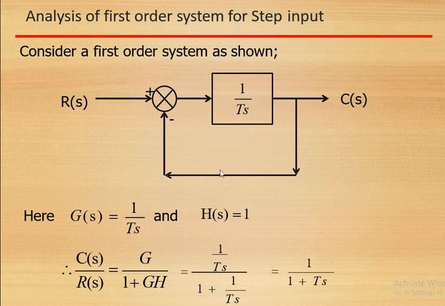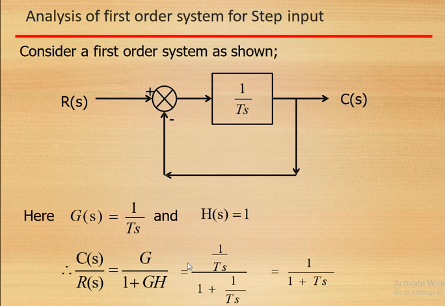Now it is a negative feedback here, and based upon this calculation, we will get the final transfer function of the whole system as G divided by 1 plus GH. So C(S) by R(S) is equal to G upon 1 plus GH. How to calculate this we have seen earlier, but the important thing is that we have to give the analysis of this first order system for a step input.